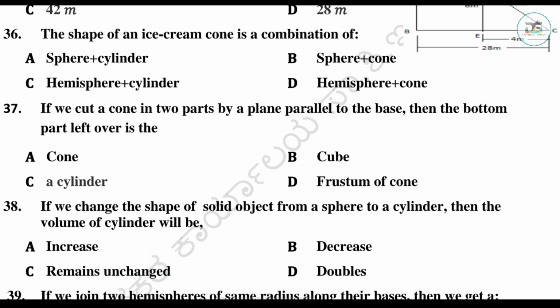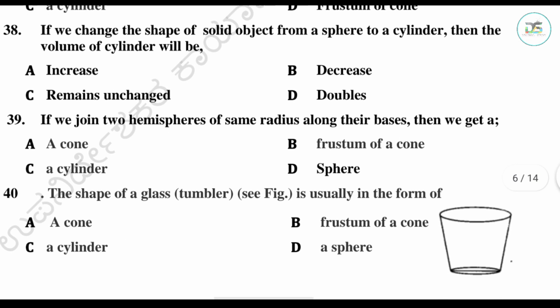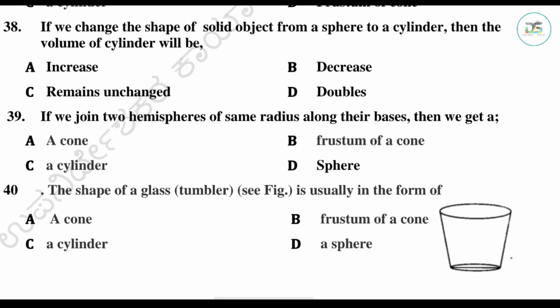Next question. If we join two hemispheres of the same radius along their bases, then we get, options are option A, cone, option B, frustum of cone, option C, cylinder, option D, sphere. Here the right answer is option D, that is sphere.